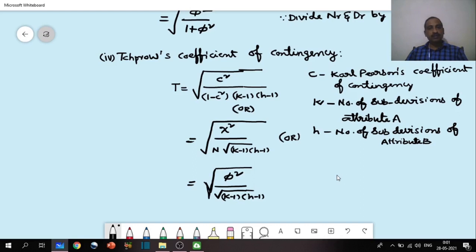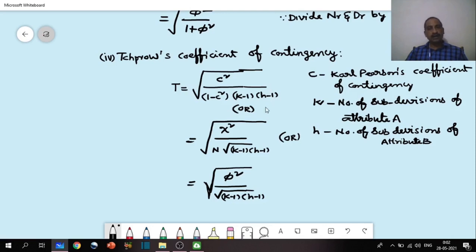There are some demerits in Karl Pearson's coefficient of contingency also. That's why Tschuprow developed another coefficient of contingency. It is based on Karl Pearson's coefficient, but the formula is the square root of C square by 1 minus C square into k minus 1 into h minus 1.